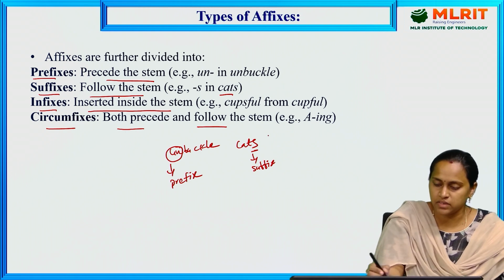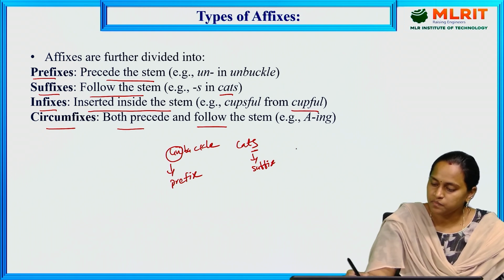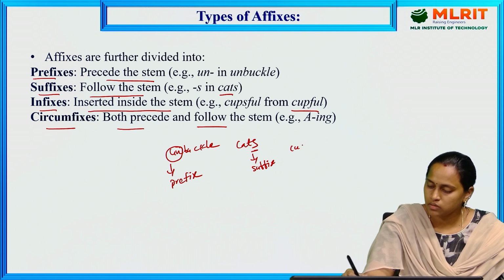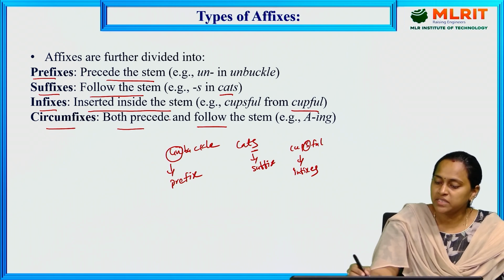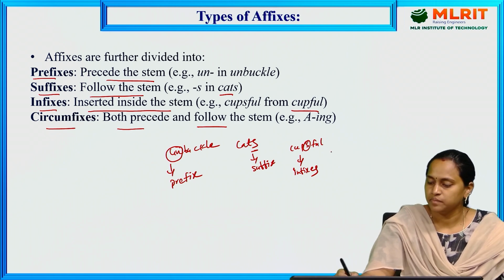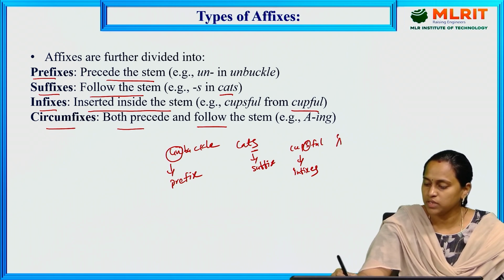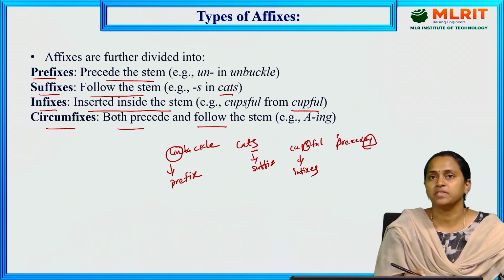Next, infixes: here we are taking cupful, where we get cups. That is an infix. Next, circumfix: here we add to both the front and back of the stem, for example preceding.